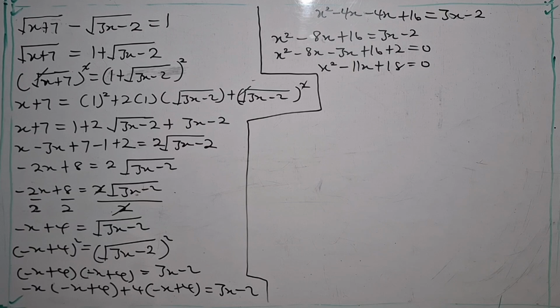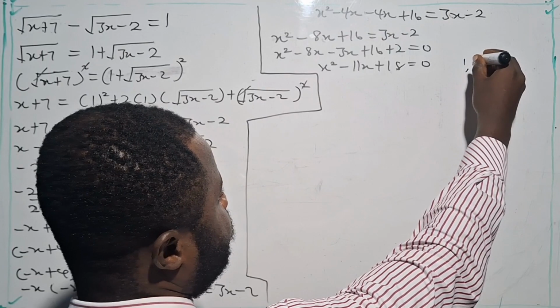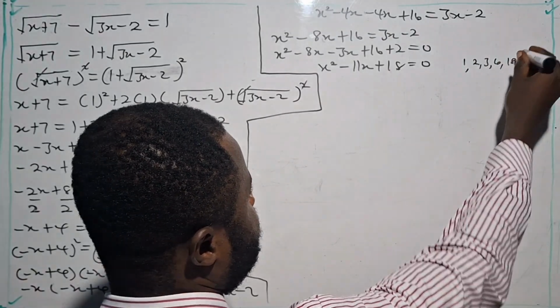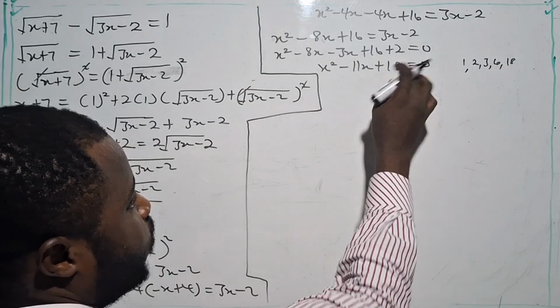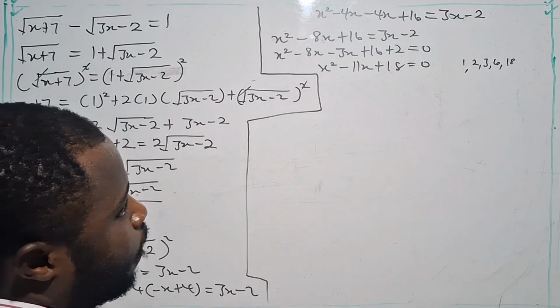You have to find the factors of 18. Factors of 18: I have 1, 2, 3, 6, 9, and 18. We need two numbers that when you multiply, you get positive 18, but when you add, you get negative 11.